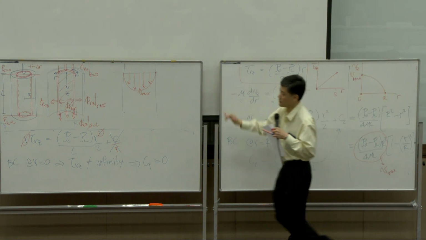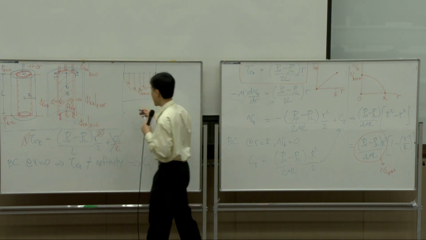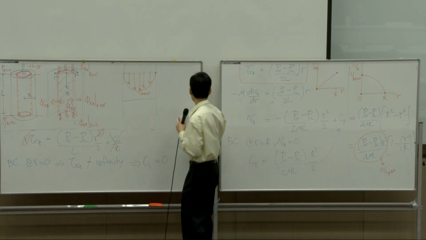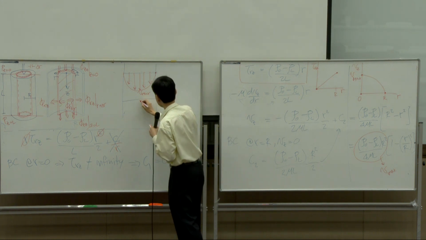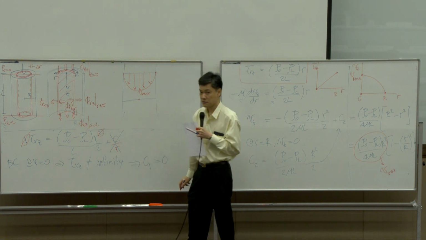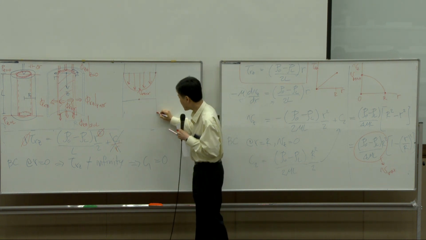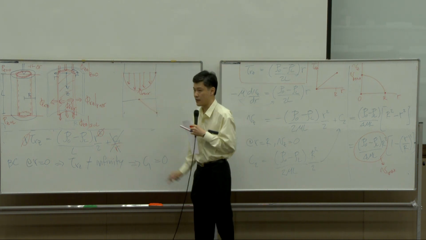If I map it on the system, you have to understand that everything goes down. At r equal to 0, tau is 0. At r equal to capital R, tau is at its maximum. In between, it is linear.